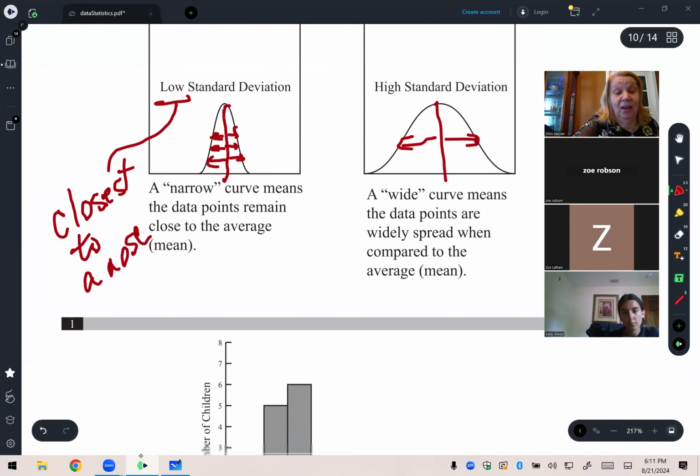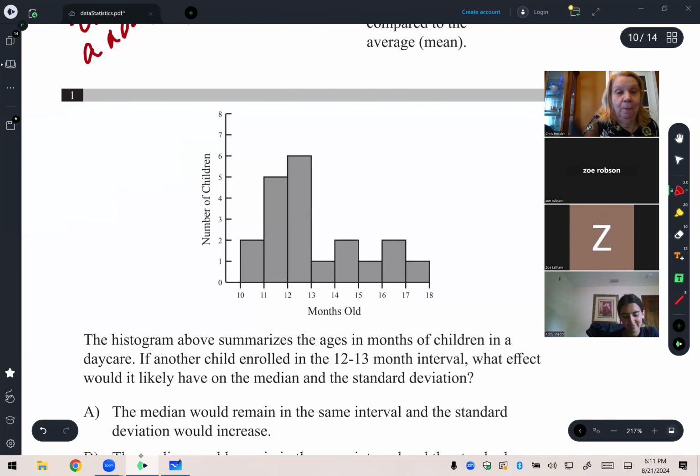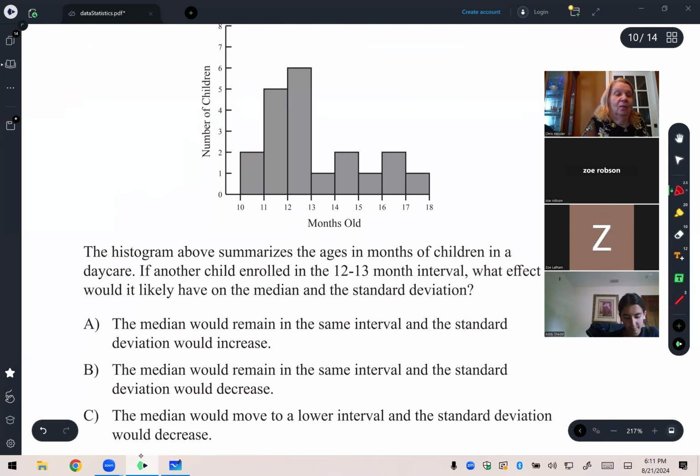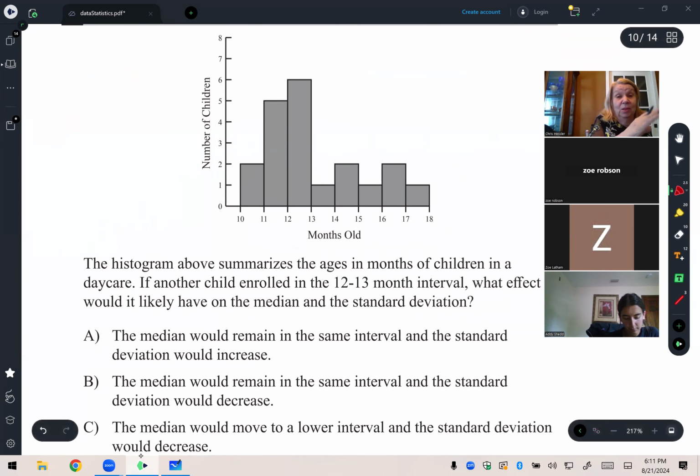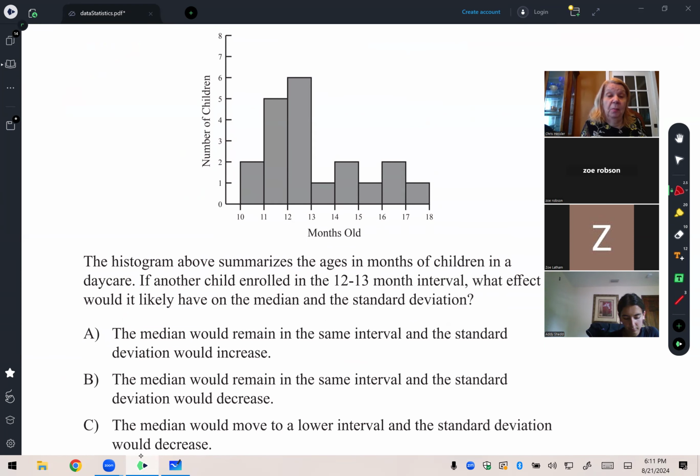Okay, so let's look at this one. I just had to come up with something. The histogram above summarizes the ages in months of children in daycare. We're going to put another child in the 12 to 13 month bin, and that's going to make it more like a nose.